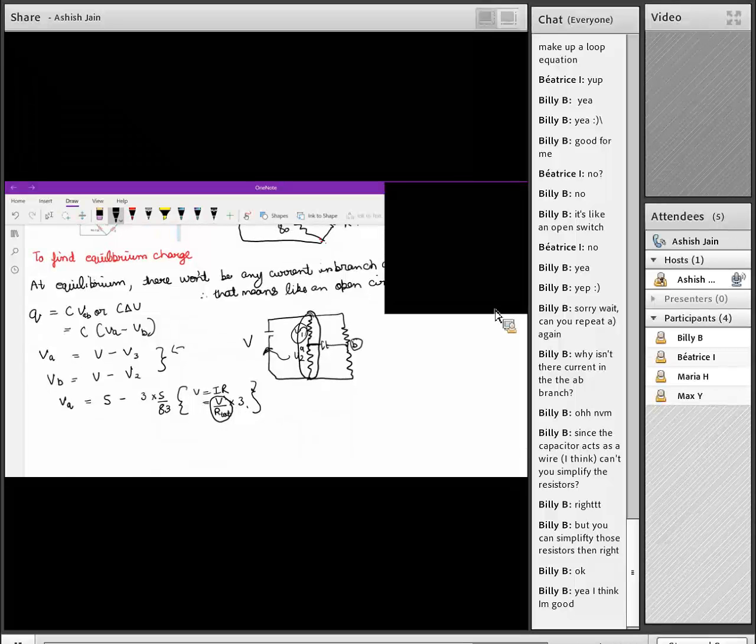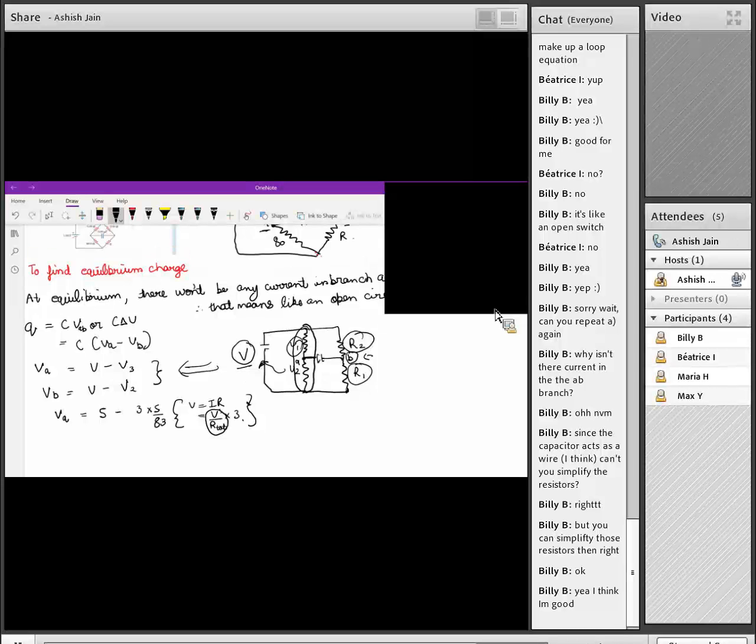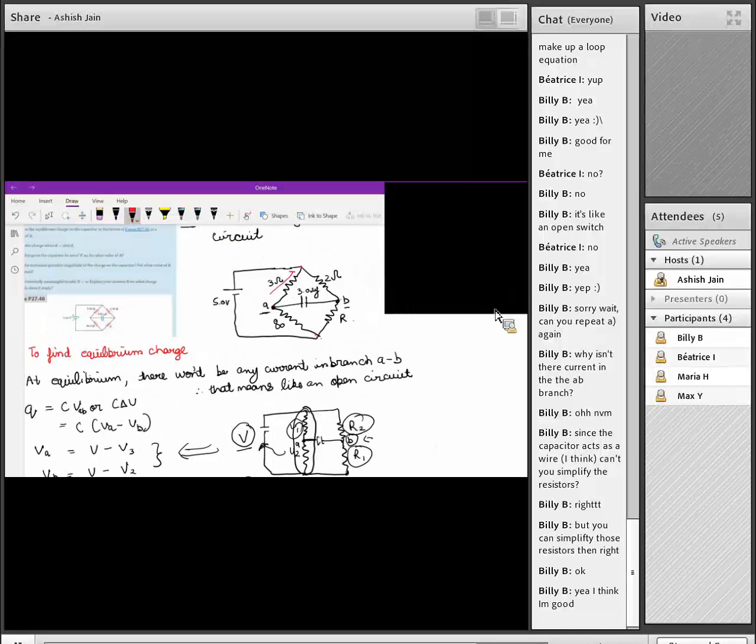To find the potential at point B, I have to find the potential drop across this resistor, let's name it R1, and this R2. The potential will be shared between R1 and R2, total V. That's how I will get that.